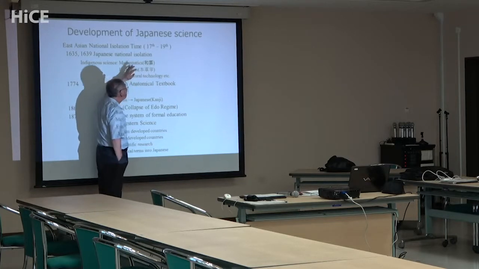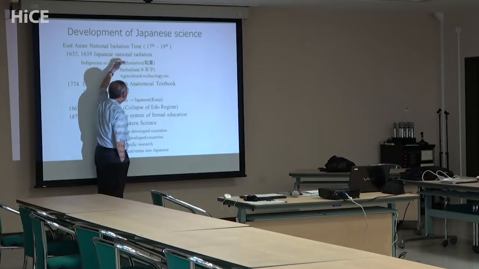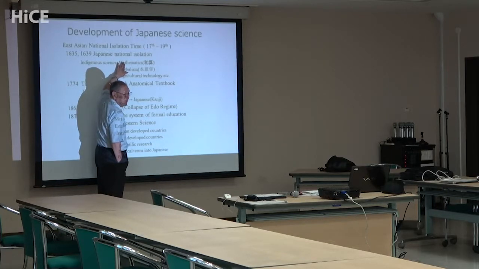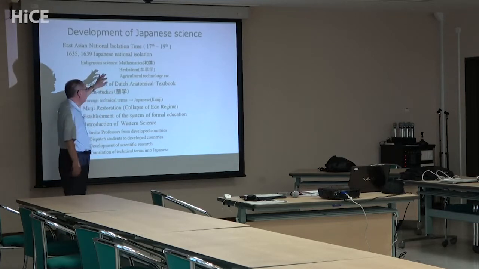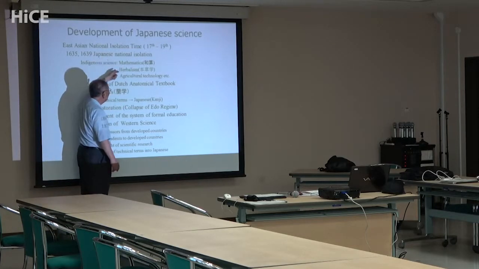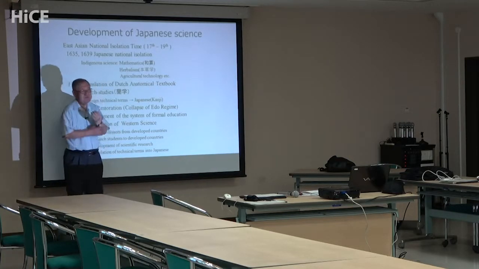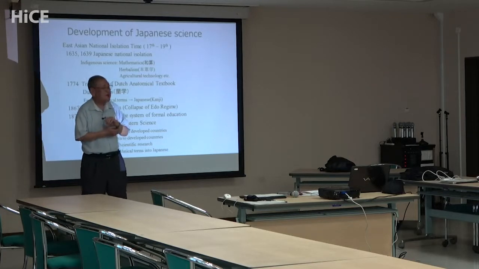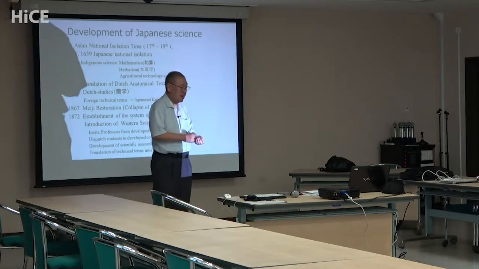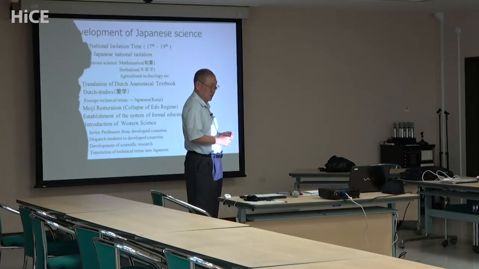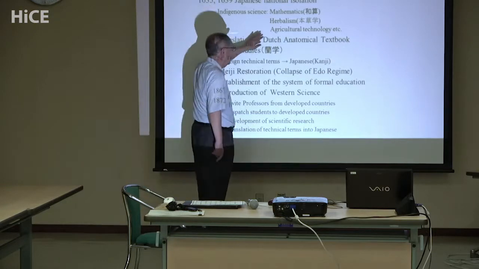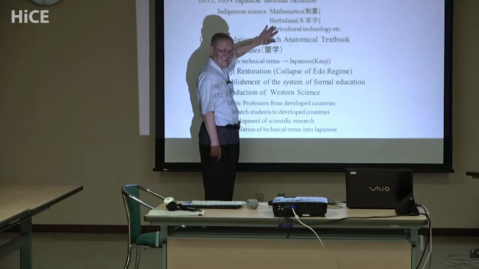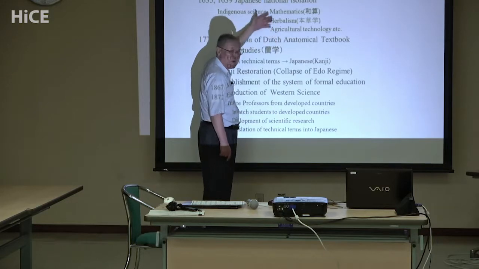Wasan means the special Japanese way of mathematics. Okay? Very special, specific Japanese mathematics. And herbalism. Herbalism means some plant usage for medical use. Okay? And agricultural technology, especially for rice production inside Japan. Okay?